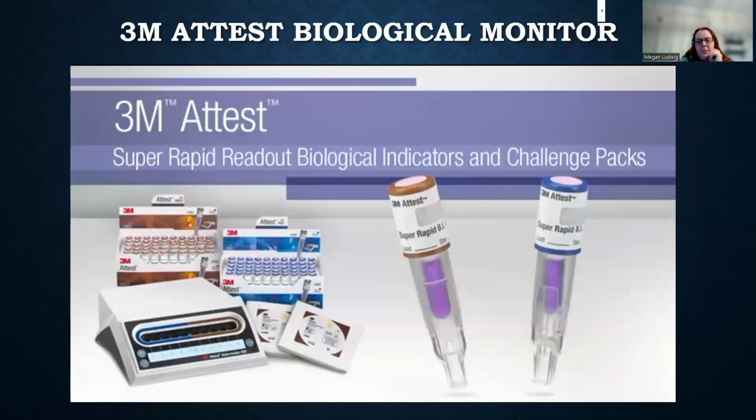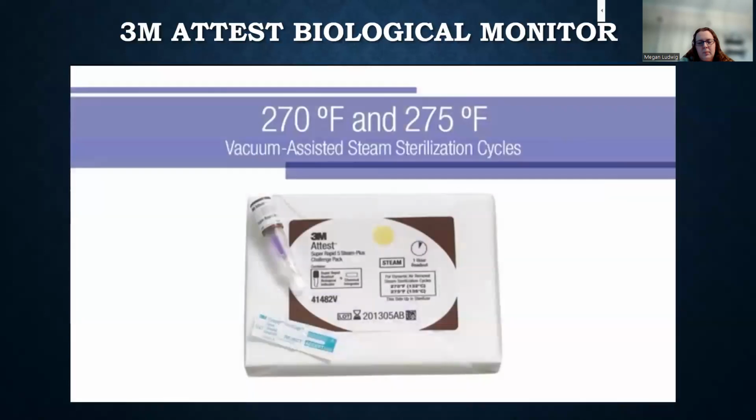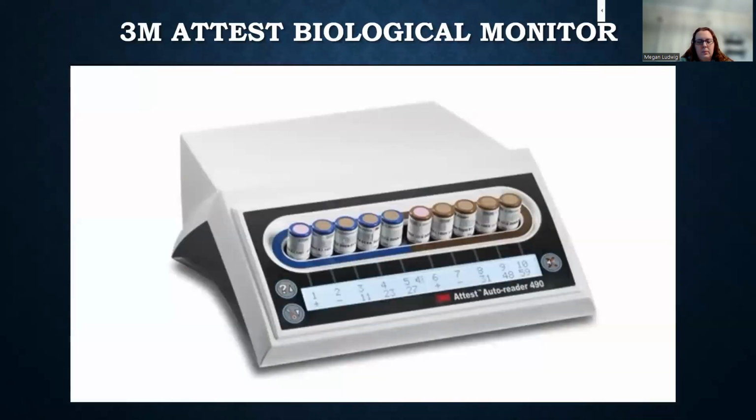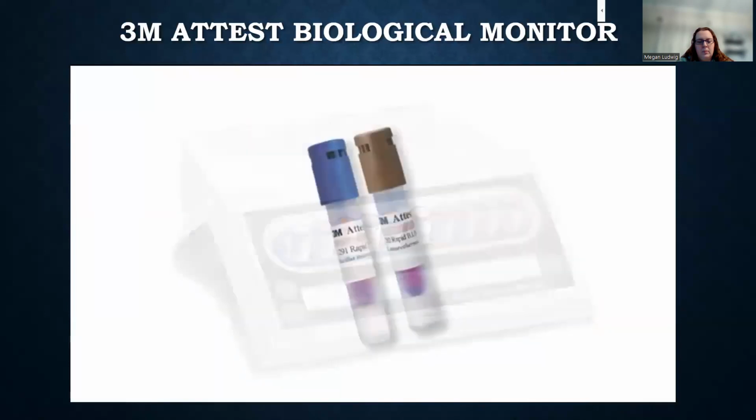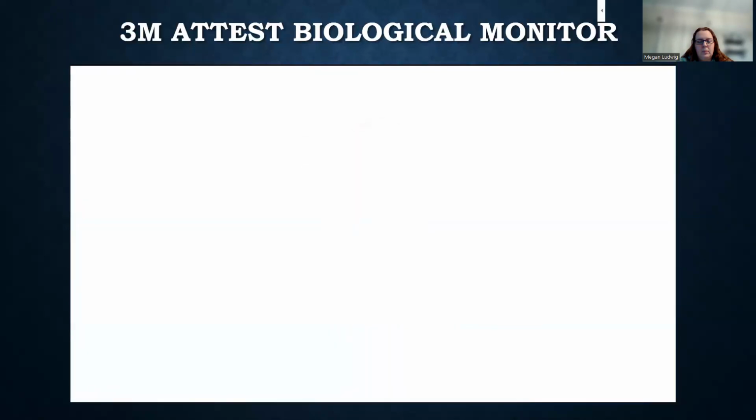The 3M A-Test Super Rapid Readout Biological Indicator System includes biological indicators and challenge packs. 1492V brown cap BIs and associated challenge packs monitor 270-degree and 275-degree Fahrenheit vacuum-assisted steam sterilization cycles. The system also includes the 3M A-Test Auto Reader 490, designed to incubate and automatically read the results of 3M A-Test Super Rapid Readout BIs. Other biological indicators are not compatible and cannot be used with this auto reader.